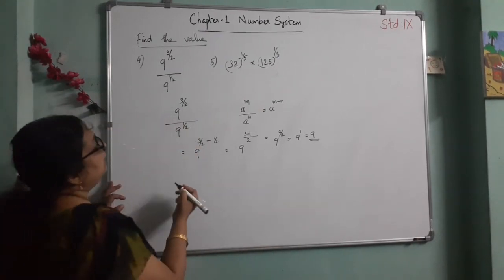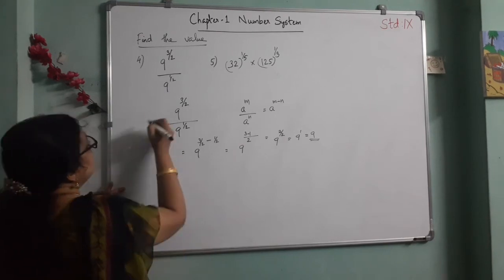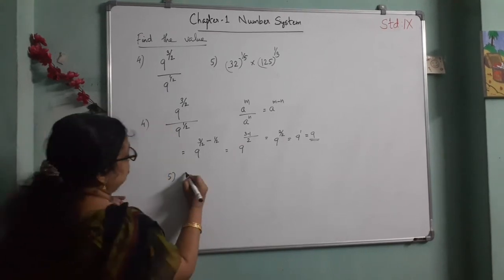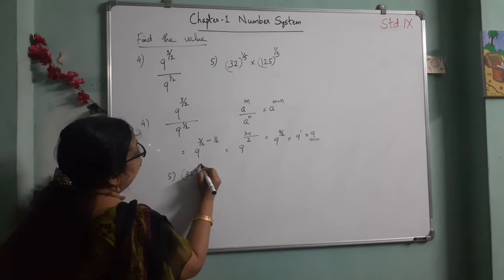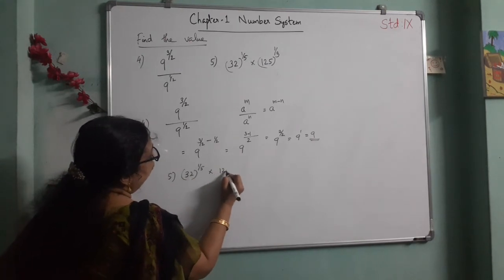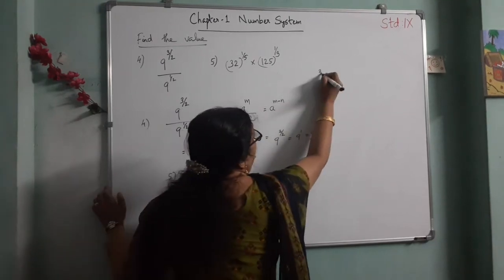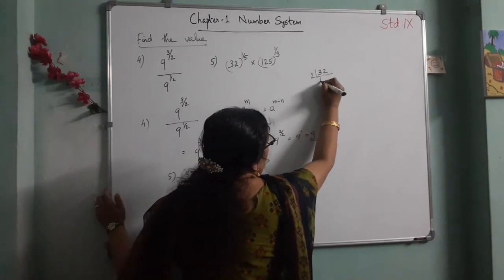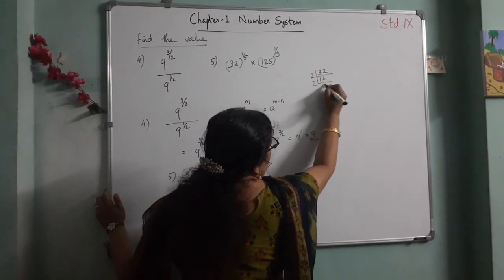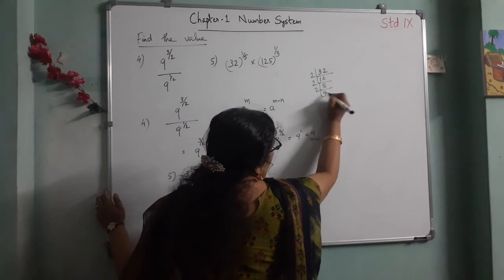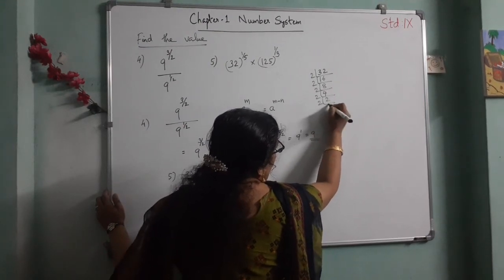Okay, then fifth question, 32 raised to 1 by 5 into 125 raised to 1 by 3. So 32 we can factorize to 16, 8, 4, 2, 1.